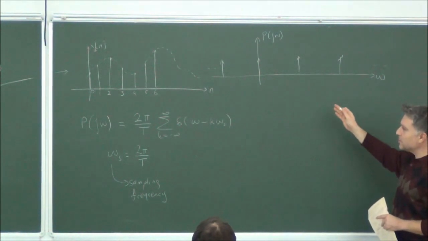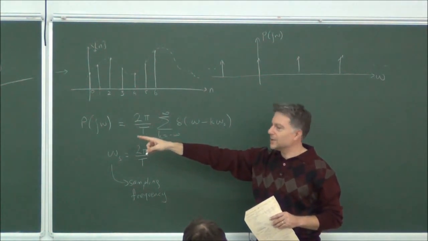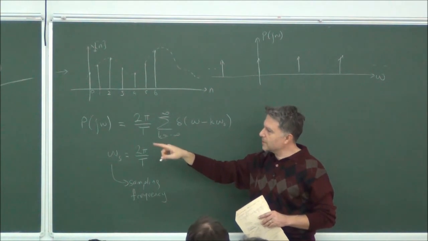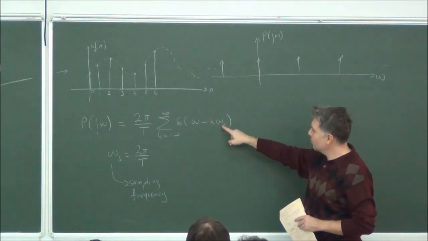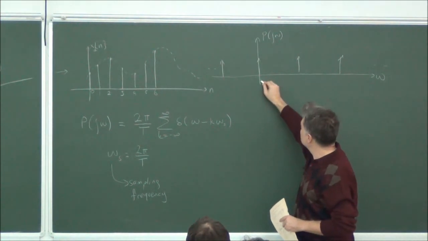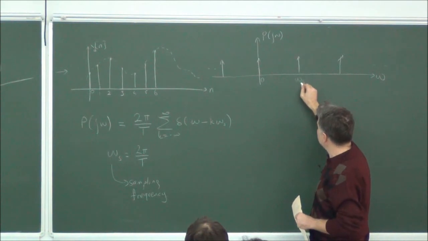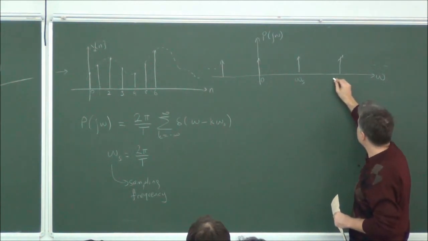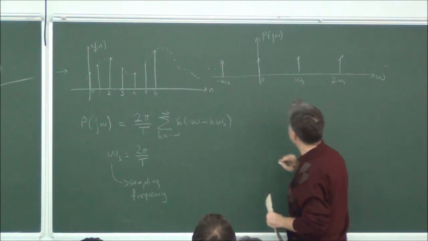Of course, the separation of this impulse train is different from the separation of P of t. What's the separation between two impulses in P of t? It was capital T. Over here, what is that? Omega s. So the first is 0, the second is omega s, which is 2 pi over capital T. This one is 2 omega s, this one is minus omega s.